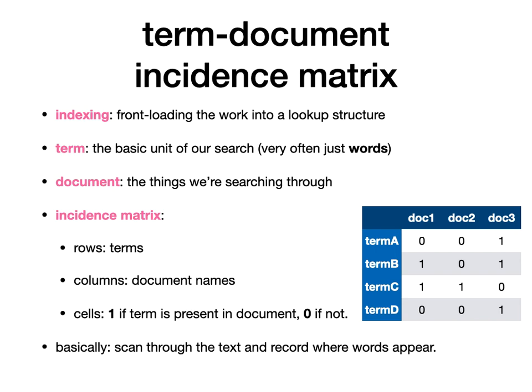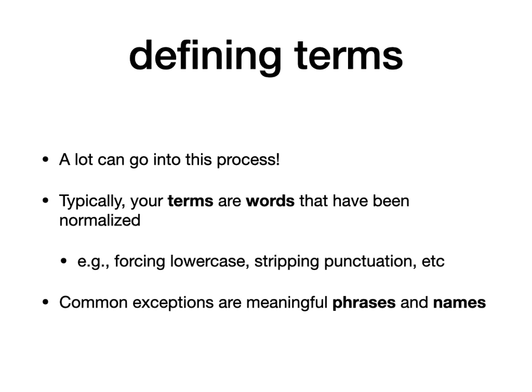So how do we step into this world of doing this to, say, a big old pile of textbooks or academic documents or song lyrics or whatever, right? First, we have to define what are the terms. A lot can go into this. The terms are words that have been normalized.